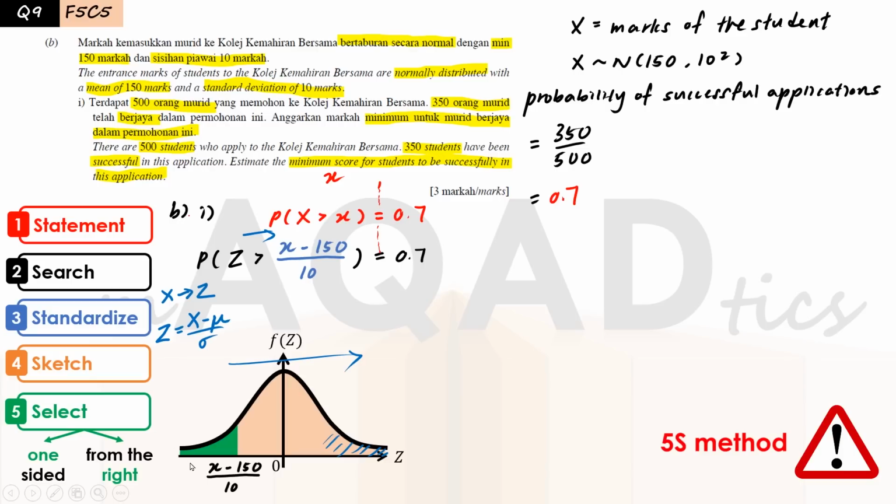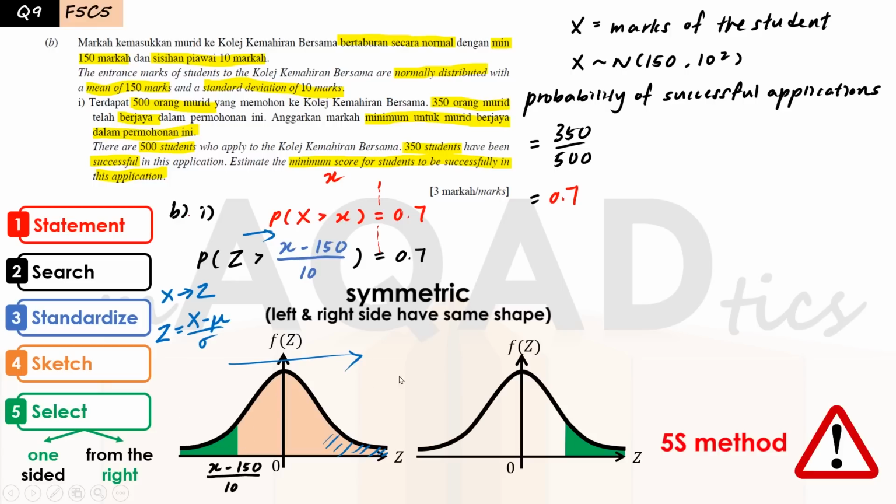So since the standard normal distribution graph is symmetric, meaning the left side and right side have the same shape, I am going to move this green area to the other side of the graph. This wouldn't affect anything because it's symmetric. Same shape means same area, and same area means same probability.